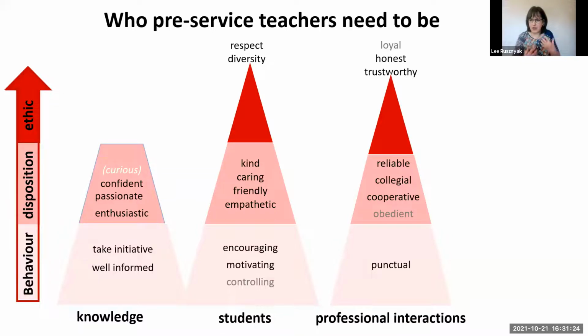So the condensation that we saw went up to disposition, but it didn't have an ethical peak. Whereas the interactions with the way that you treat students, and the interactions with your peers and the profession more broadly, did have a peak, if that makes sense.